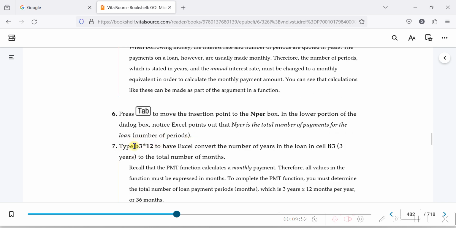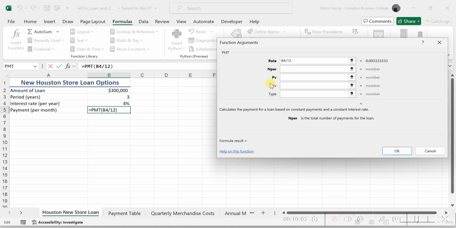So B3 multiplied by 12. The number of years multiplied by 12 is going to give us 36 payments. I got a little ahead of myself. So Nper is B3, and this time I'm going to multiply it by the number 12, because every year has 12 months. So 3 times 12 gives us 36.